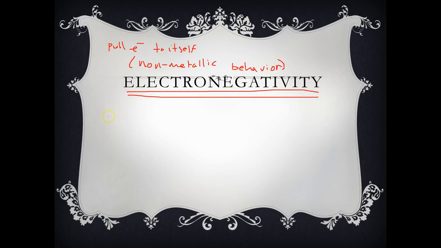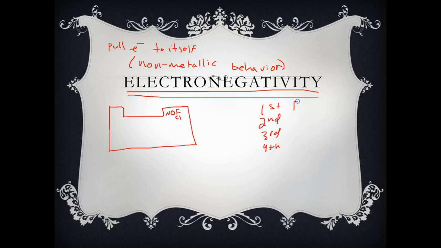Electronegativity is measured as a scale from 0 to 4, and you can look up that scale if you like. Fluorine actually has the highest, and then oxygen, and then nitrogen, and then chlorine. So that's the first four, and you need to know those. Very important. The most electronegative element is fluorine, and then oxygen, and then nitrogen, and then chlorine.